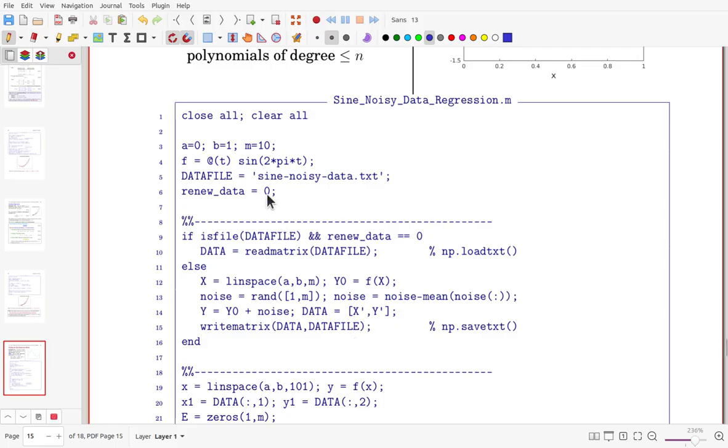So along with this, it will be used again if you call this portion. If there is no data set, then this portion will be executed, okay? In Python, you can use these commands: read matrix and write matrix in MathTalent are respectively load text and save text in Python, okay?